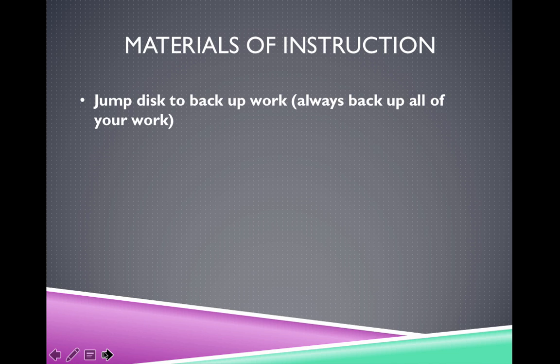Since I'm telling you from the very beginning to back up everything in case your computer crashes, my computer or internet crashed is not an excuse for submitting work late, because you should have everything backed up on a jump disk, and you should be able to get to another computer to submit the work if your computer crashes.